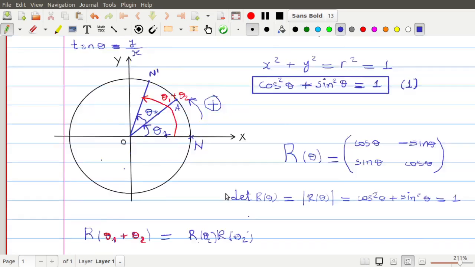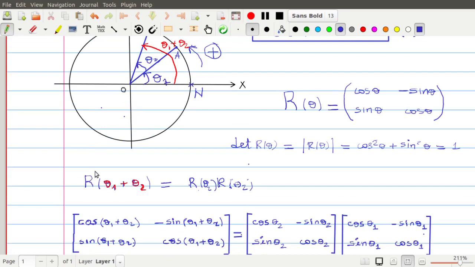That's why we can write that the rotation of the angle theta 1 plus theta 2, which is a single rotation, is the same as performing a first rotation by theta 1, that is R theta 1, and then performing a second rotation by an angle theta 2 on the result obtained by the rotation by theta 1.